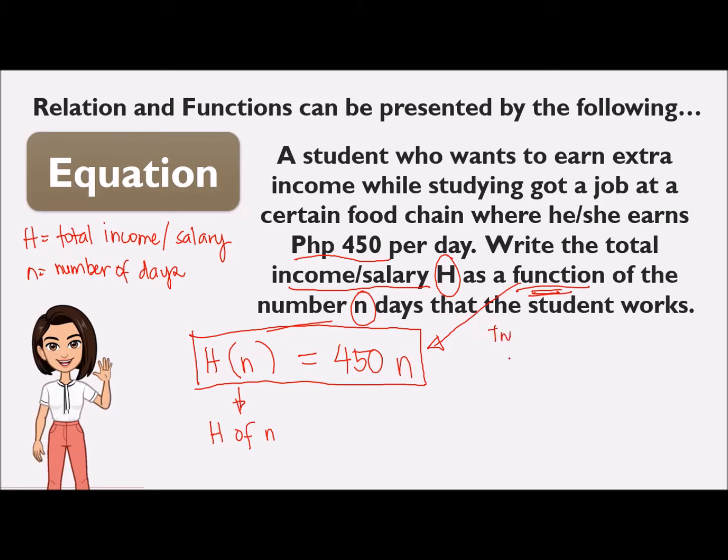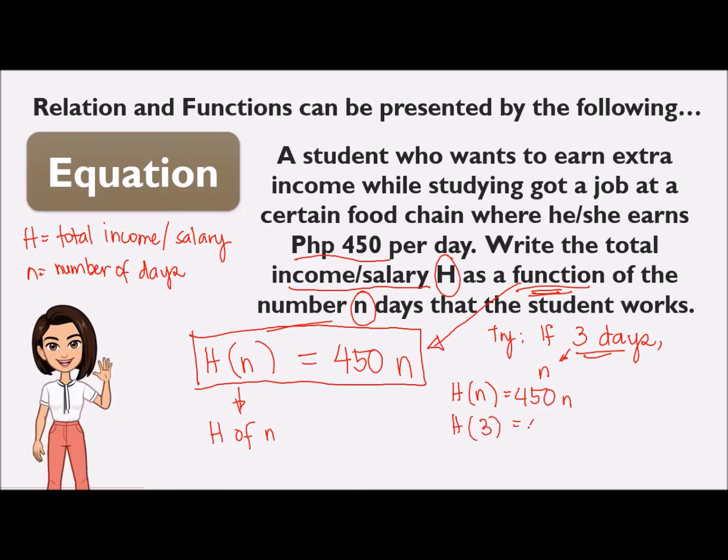So let's solve. Let's try. So if 3 days, halimbawa, pumasok siya ng 3 araw, magkano sahod niya? So ibig sabihin itong days na to, yan yung value ng n. So, magiging h of n is equal to 450n. So, si n natin ay 3. Papalitan lang natin. Substitute nyo lang.